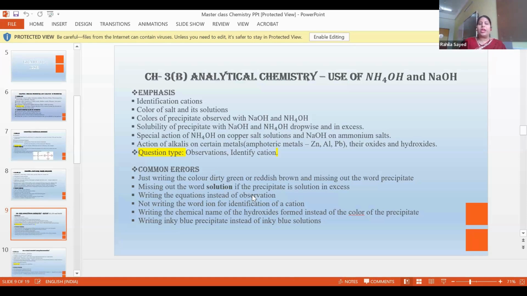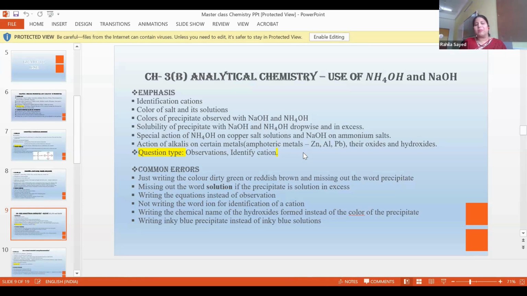So here you need to know the identification of the cations, you need to know the color of the salts and the salt solutions. Very important. Color of the precipitate observed with sodium hydroxide and ammonium hydroxide. As I said, solubility of the precipitate with ammonium hydroxide and sodium hydroxide dropwise and in excess. Special action of ammonium hydroxide on copper salt solutions and sodium hydroxide on ammonium salt solutions.